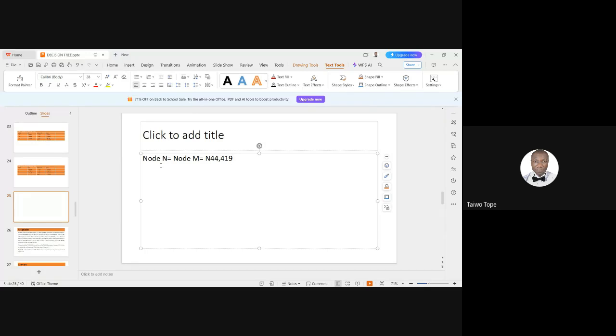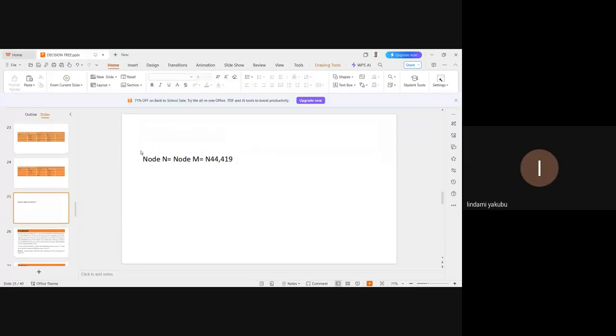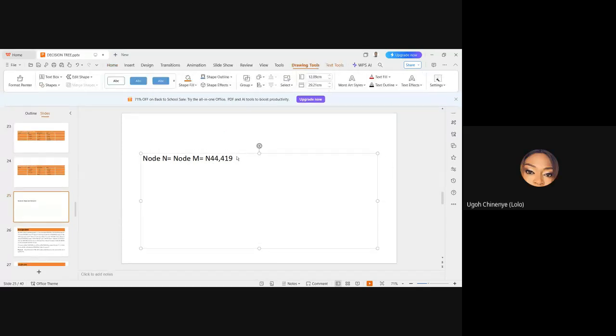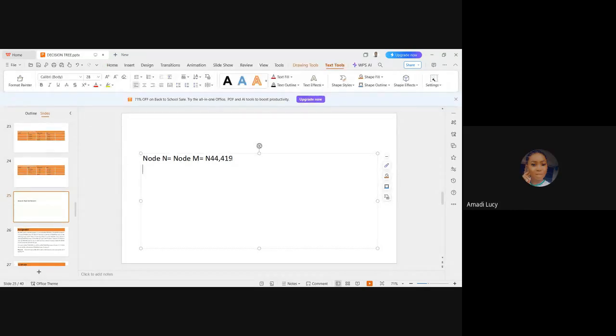So the expected net present value of the project is what? Minus 255,581? How did you get that? We subtracted node M from node M.